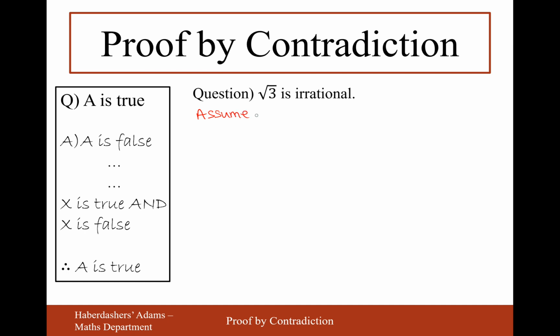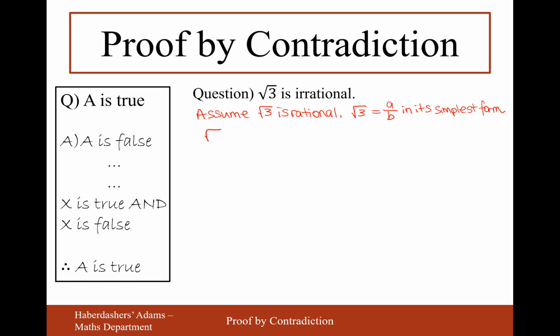Assume root 3 is rational, and if root 3 is rational, it can be represented as a fraction, a over b, in its simplest form. It's not too much of an assumption to assume that a over b is in its simplest form, because fractions can always be simplified into their simplest form.